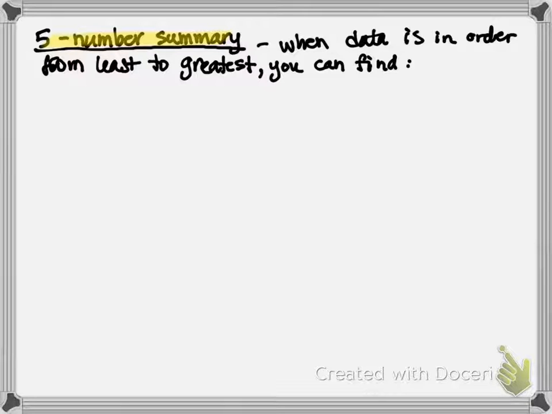First one is going to be the least value or the minimum. Now I'm going to write these in the order that they'll get organized, but this is not necessarily the order that I would find them. I'll go over that in just a second.